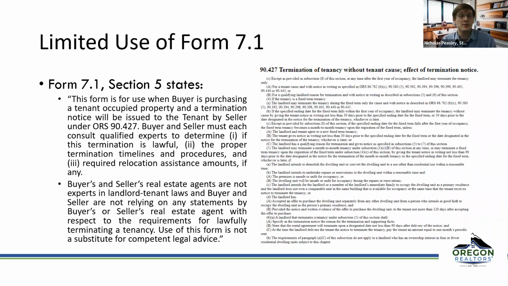So there are instances where you'll have relocation assistance that is required. In some areas, it's more restrictive than in others. I believe Portland has a much more readily usable relocation assistance provision, but generally the laws will apply.